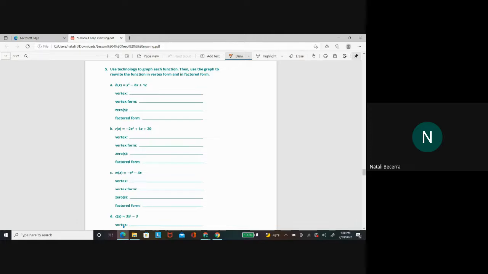So what's the vertex? Let's go ahead and graph this in Desmos. A couple things I want you guys to write down.